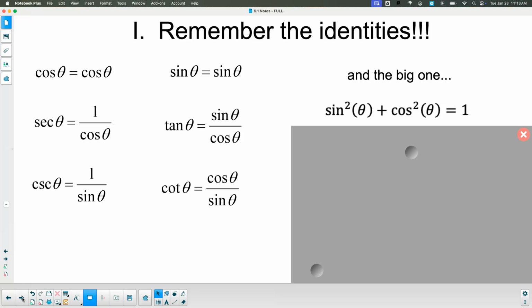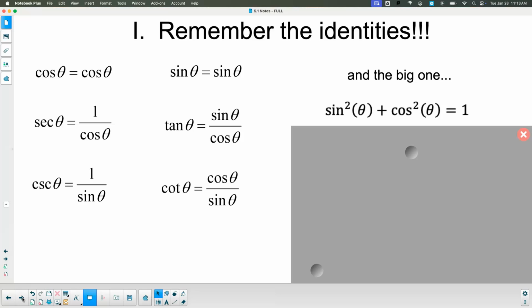Cosecant is the reciprocal of sine. Tangent is sine divided by cosine, and cotangent is cosine divided by sine. And then, of course, we've got our big one. We've got the hammer. Sine squared plus cosine squared is 1.